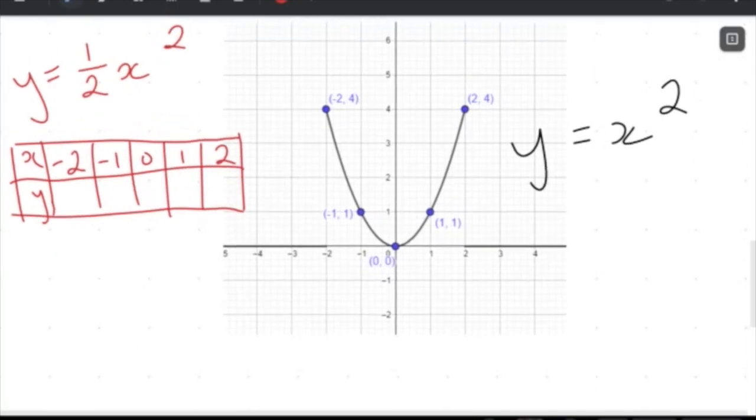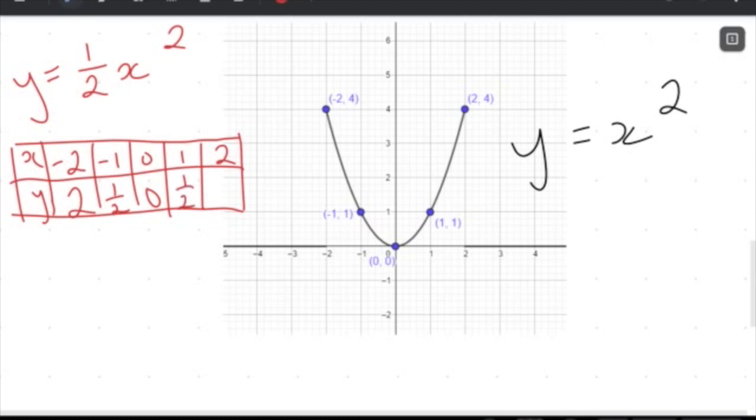So when x equals -2, subbing that in, -2 squared gives me 4, and then half times 4 gives me 2. So I'm going to write that here. Now, -1 squared gives me 1, and multiplying that by half gives me half, and 0 squared times half gives me 0 again.